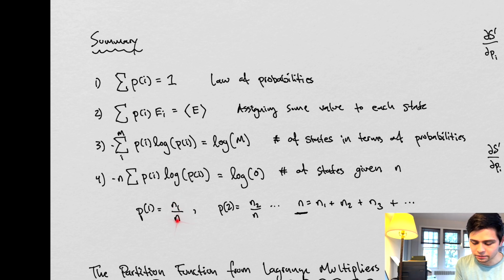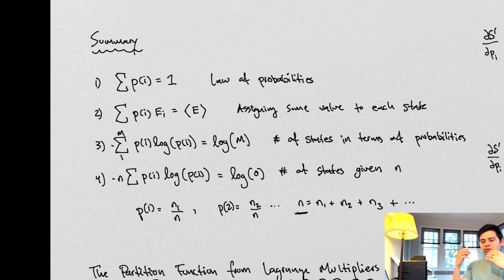So n can be calculated by n1 divided by p1, if you just manipulate this equation. But n here is the same as these n's right here. And the sum of all of the states, the number of states, is essentially what n is, right? That's given here. So we have all these relationships that we went over.